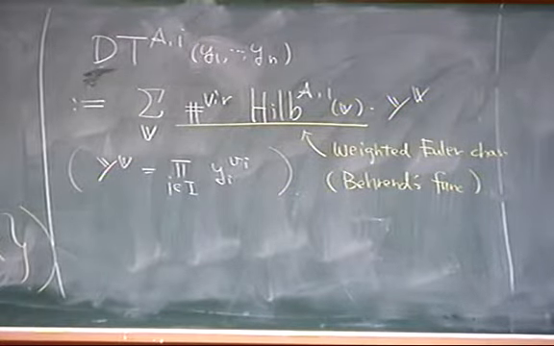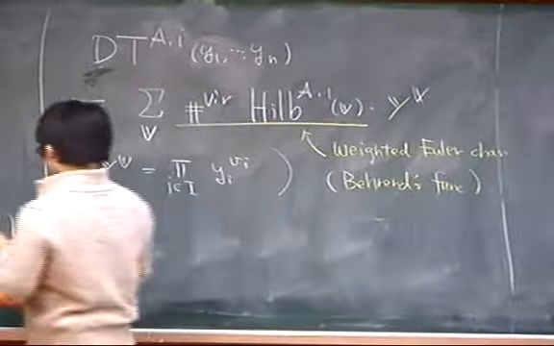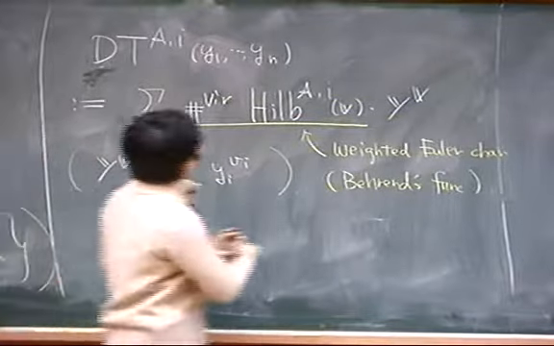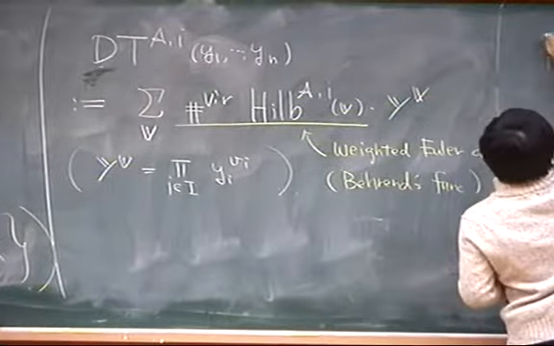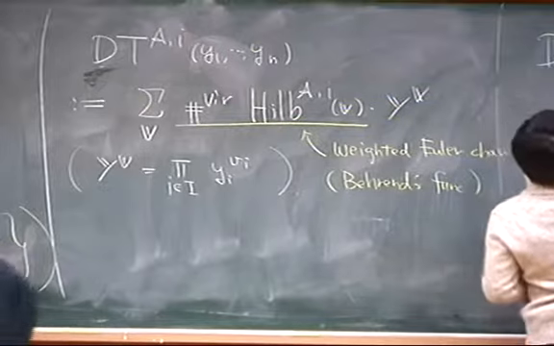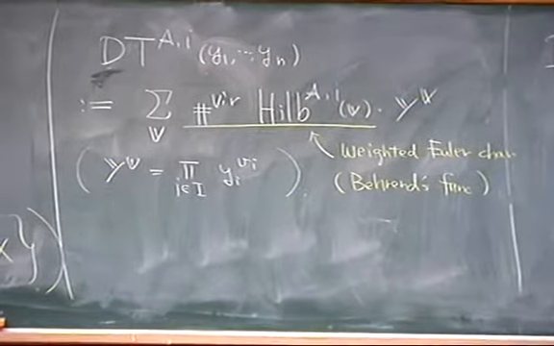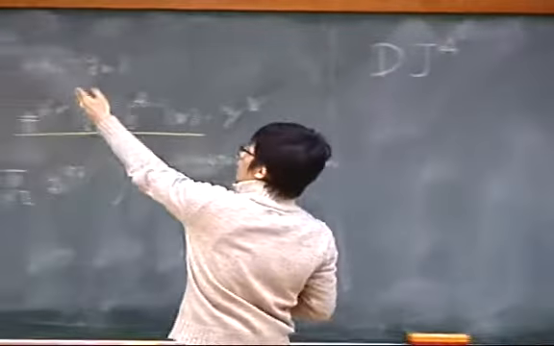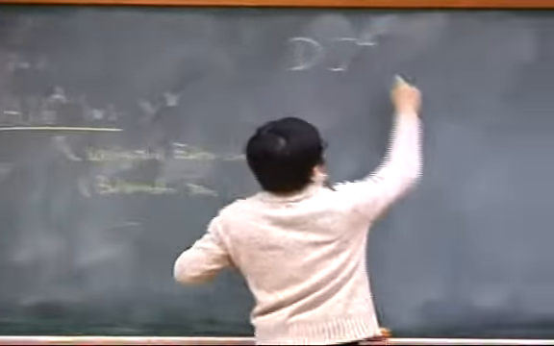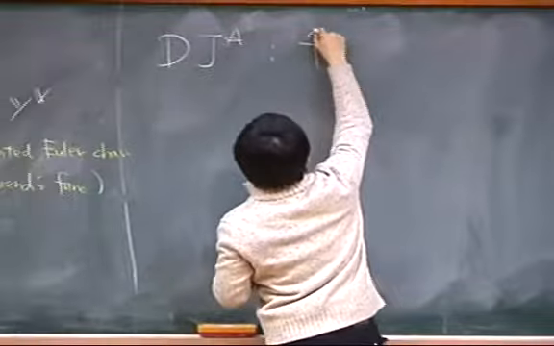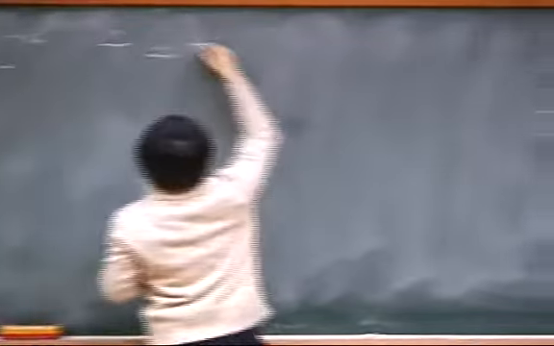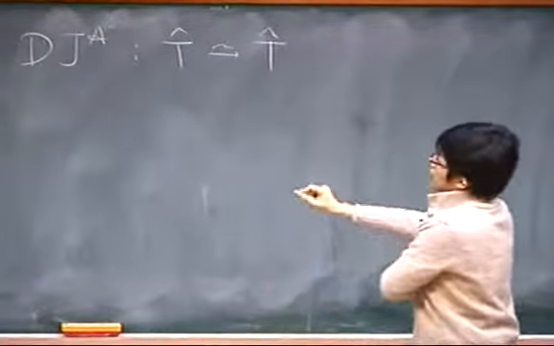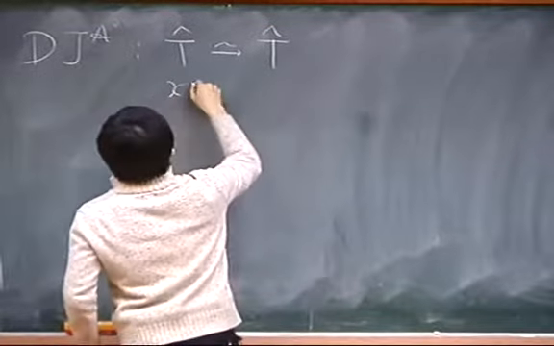But this depends on the choice of I. So we encode the information of the generating function for all I into the torus automorphism in the following way.